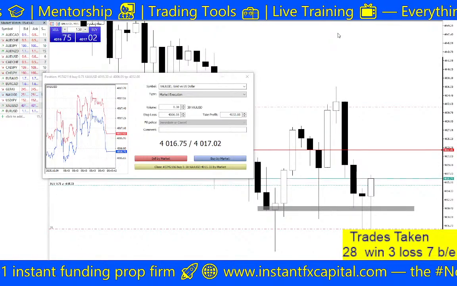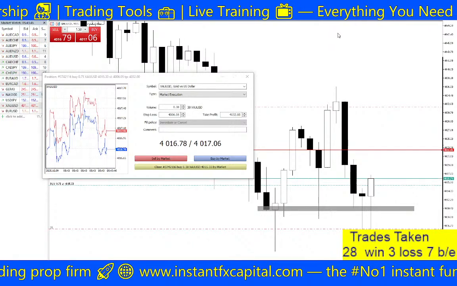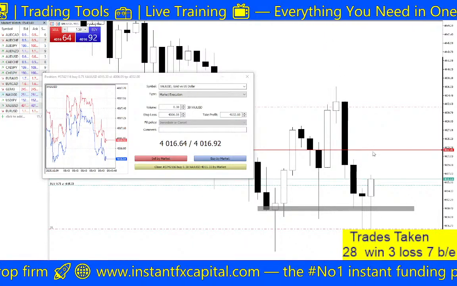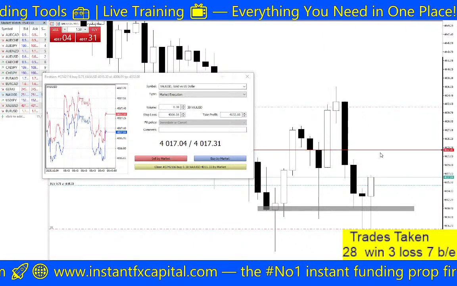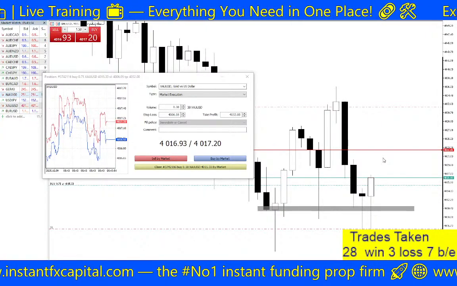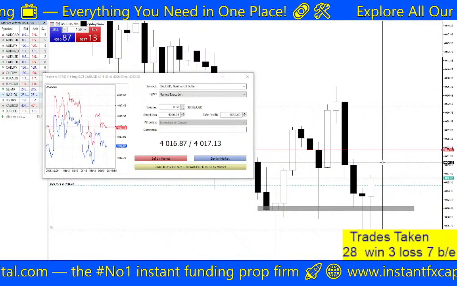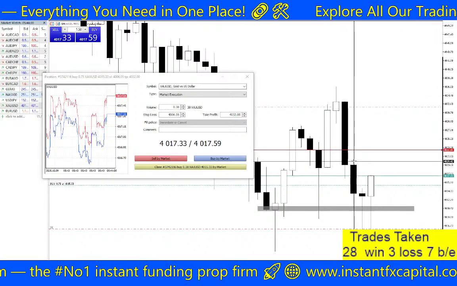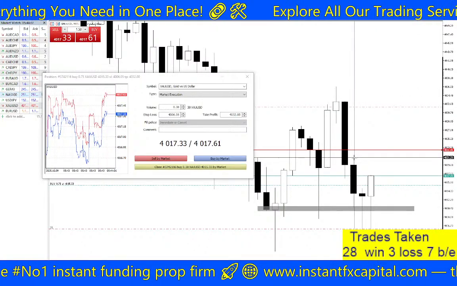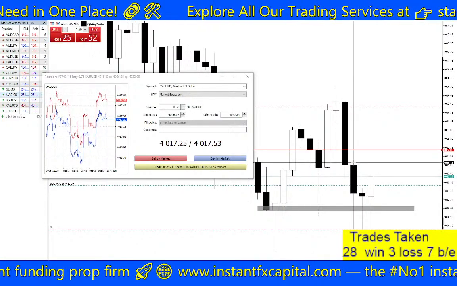1 minute 20 seconds for this candle to close. So 50 points is just below the high of this bearish candle. Okay, 50 points is about here.